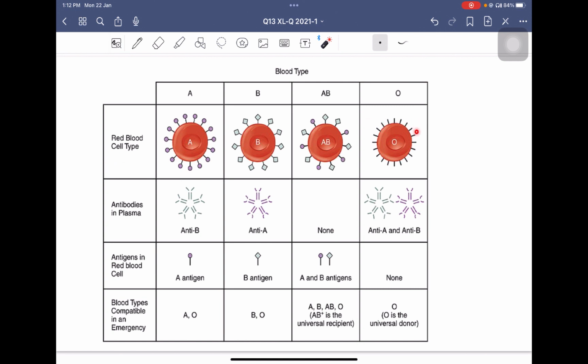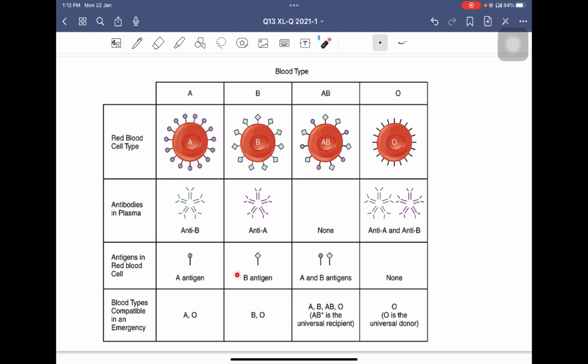And this is actually a schematic diagram of the RBCs. Now, when the A antigen is present on the RBCs, it is called blood group A. So the antigen in the red blood cell is A antigen, and the blood group corresponding to this is A blood group.